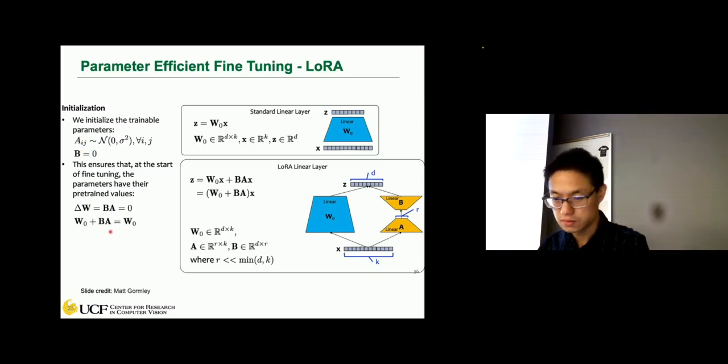One good thing about this is that you can also remove some of the adaptations if you want, because we are adding these adjustments to the original weight matrix.